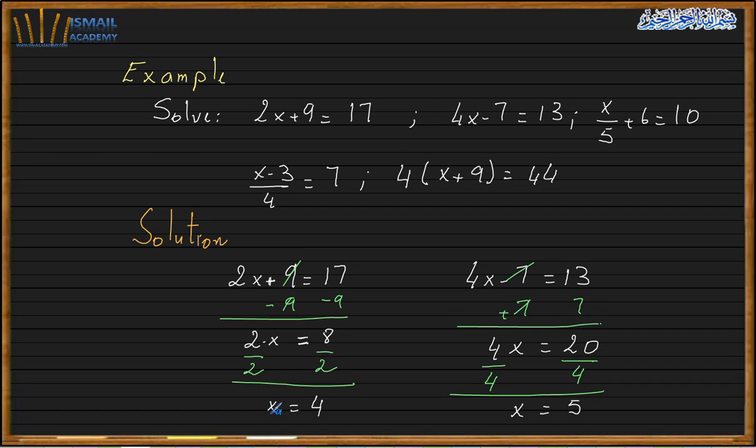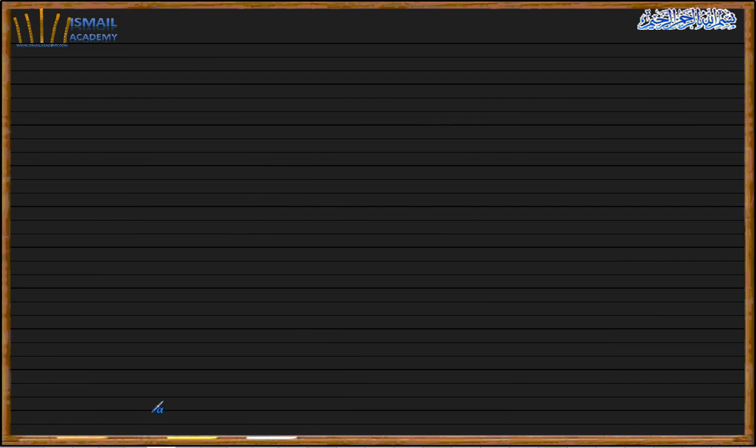The next example, I have x over 5 plus x equal... x over 5 plus 6 equals 10. So here I have addition, so we subtract, and we end up having x over 5 equals 4.